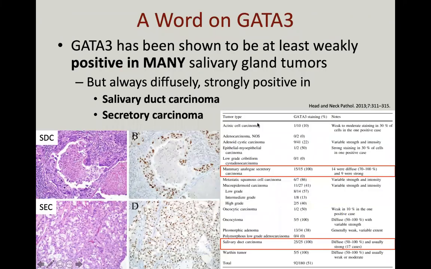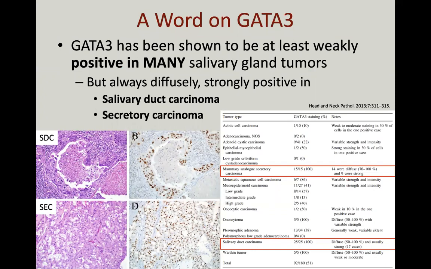All right, just a brief word on GATA3. You may ask why haven't you spoken about GATA3 yet, especially with all these tumors that resemble breast, right? Like mammary analog, salivary duct, intraductal, whatever. Well, GATA3 has actually been shown to be at least weakly positive in many to most salivary gland tumors.